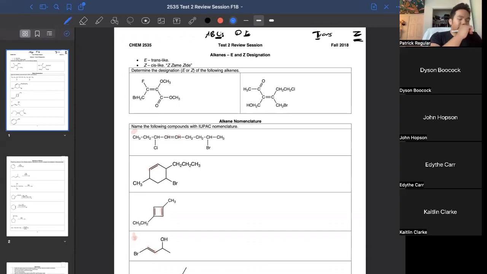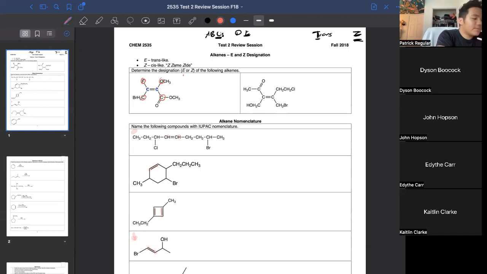Priority groups for determining which side of that alkene applies for your stereochemistry goes to the highest atomic weight group. All right, so straight up, you have a bridgehead carbon and a bridgehead carbon. Whatever compound they're attached to, that's where you decide.